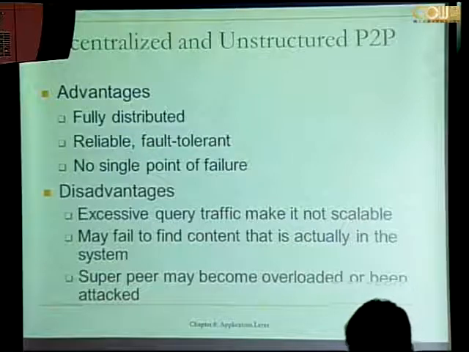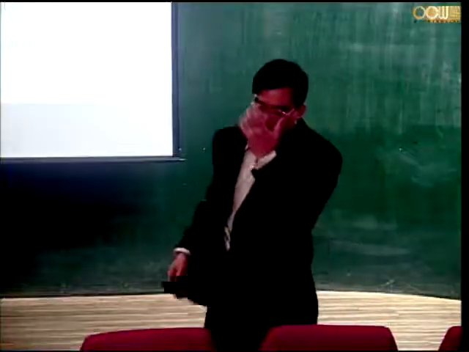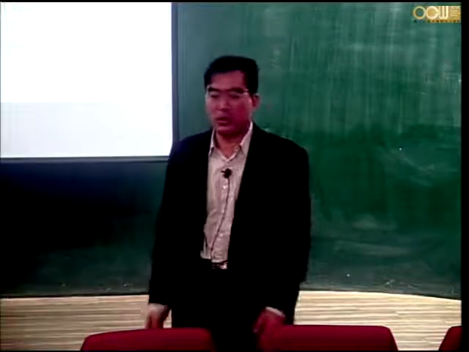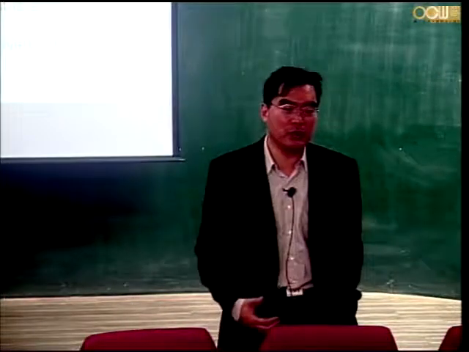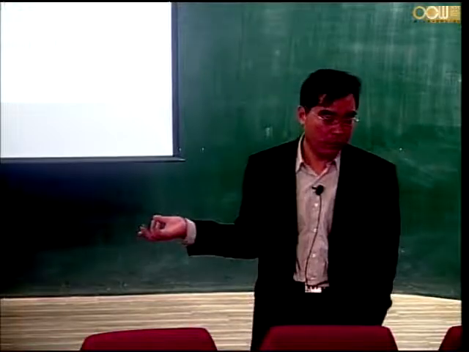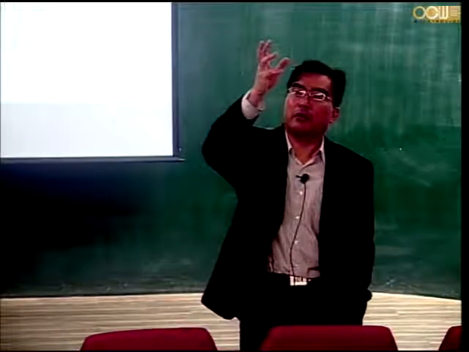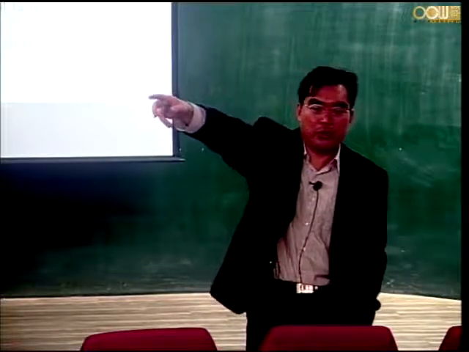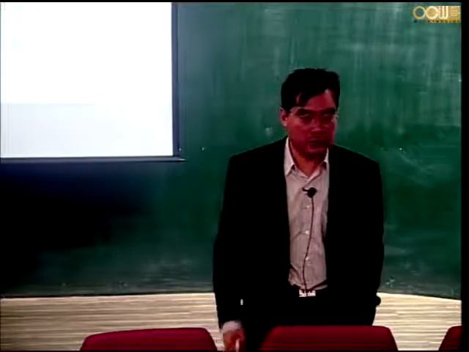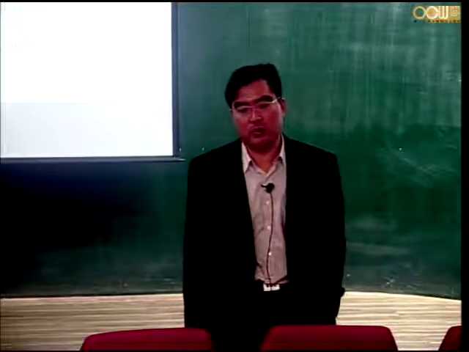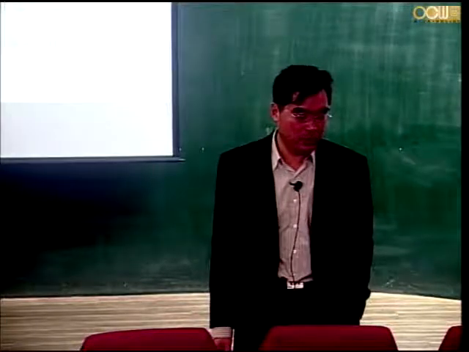For example, if someone has the content and is connected to a super peer, but that super peer is not known to my super peer, because it might be too far away, beyond the limited scope of flooding. So the flooding didn't reach that particular super peer.